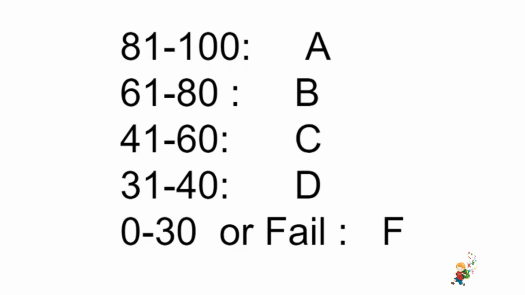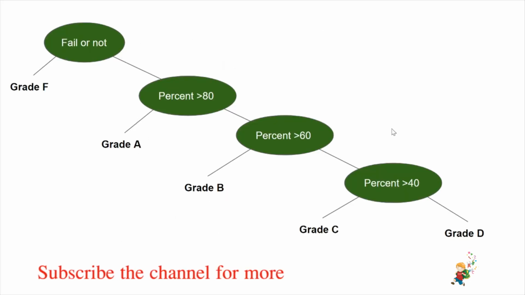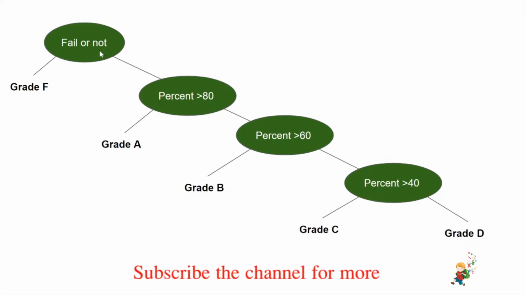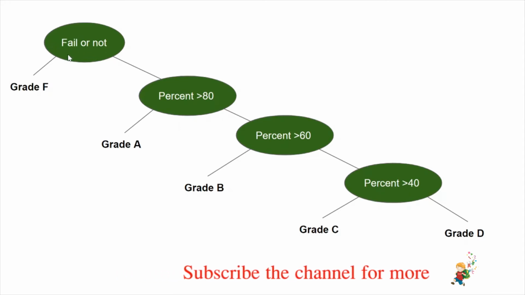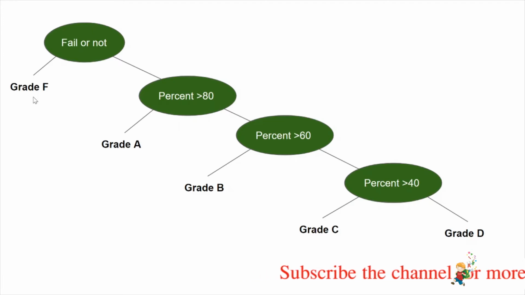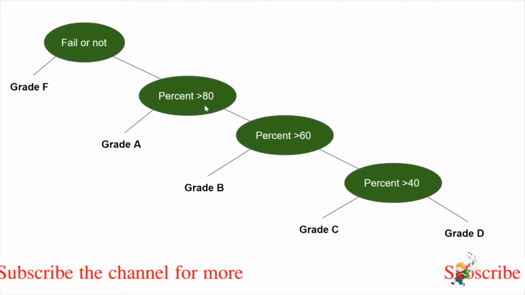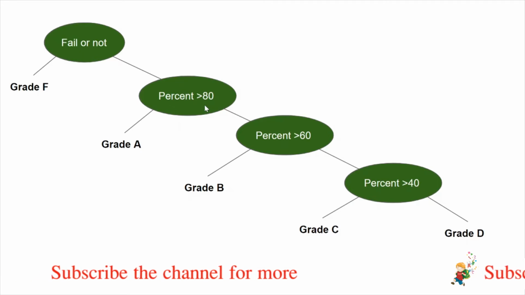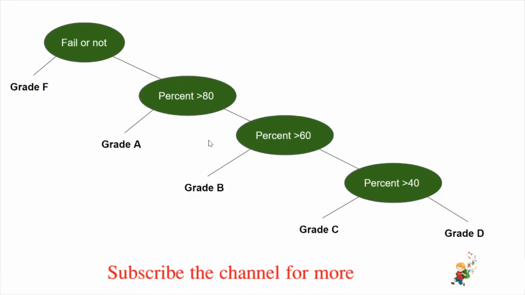So how we check the logical expression is like this. First of all, we have to check if the student is fail or not. If fail, then we will give F grade. Then if the student is not failed, we have to check if the percentage is greater than 80. If it is greater than 80, then we will give A grade.